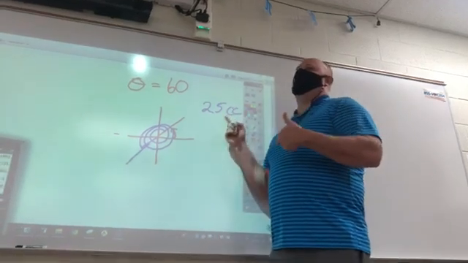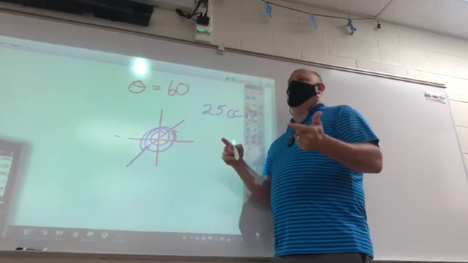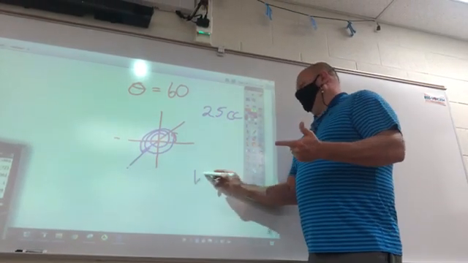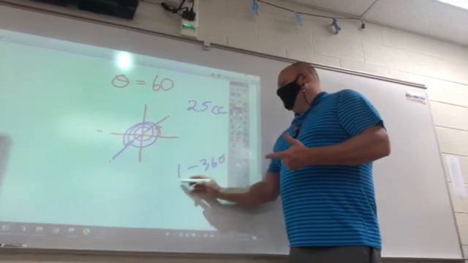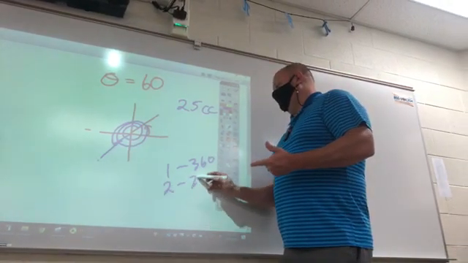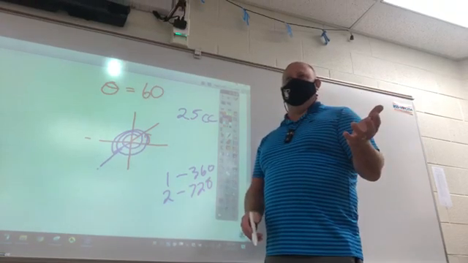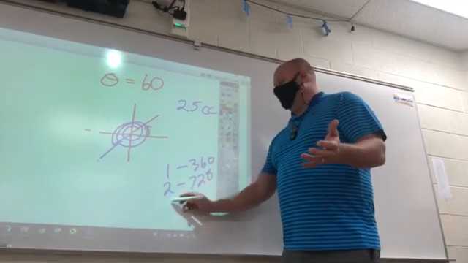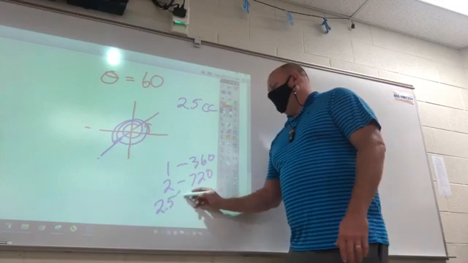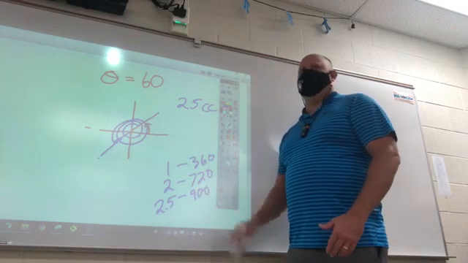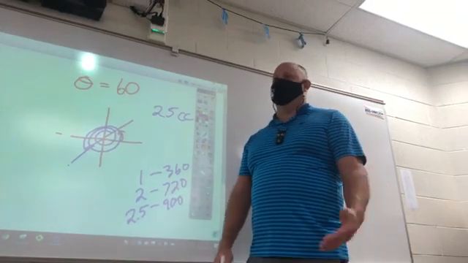Basically, what is 2.5 rotations worth? Well, 1 rotation is 360. 2 rotations is going to be 720. Half a rotation is 180, right? So 2.5 is 900. And you could just do 2.5 times 360.